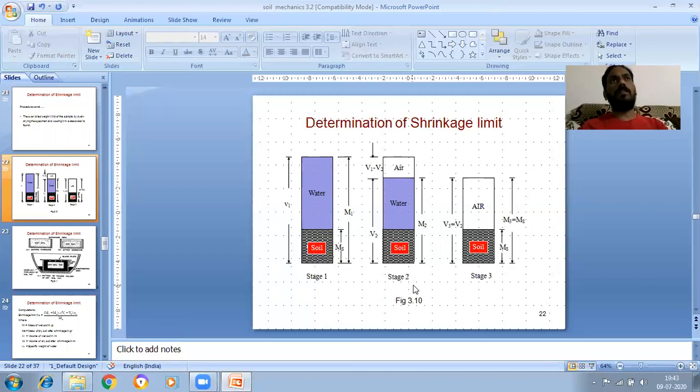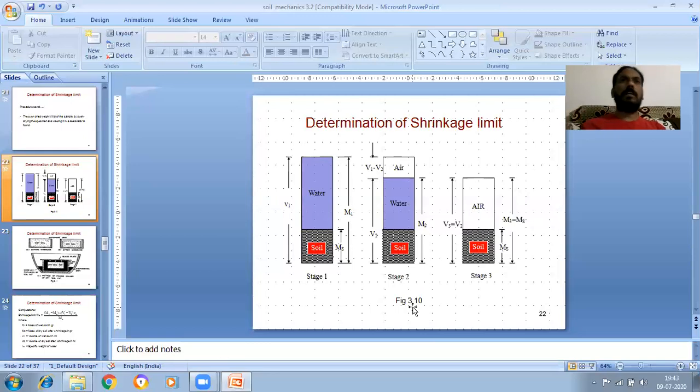After that we try to make it dry by keeping it in the oven at 105 to 110 degrees centigrade for 24 hours. Then that soil sample will become dry in the dish. Then collect that oven dried soil sample and measure its weight, and then we need to find out the volume of that dried soil sample.